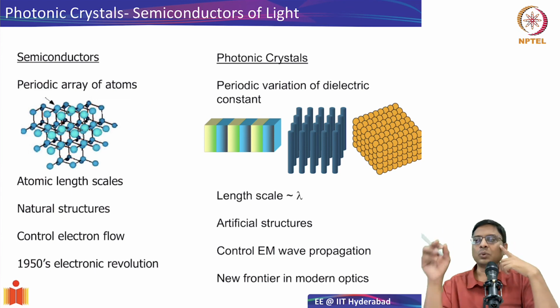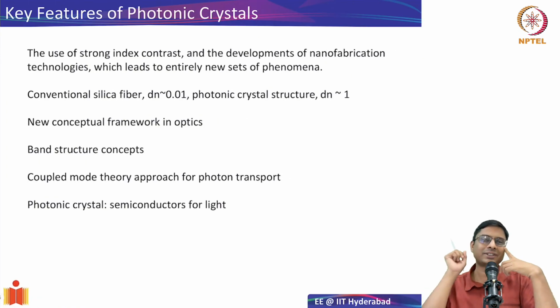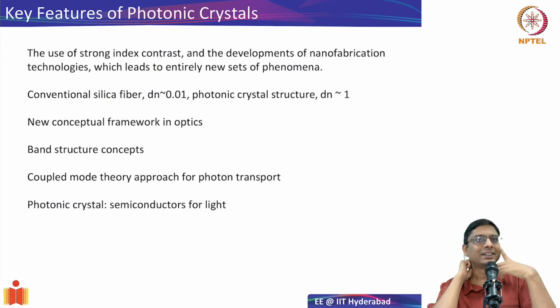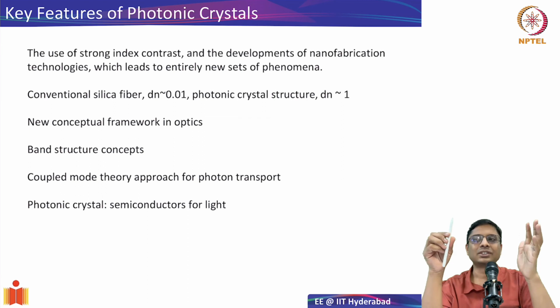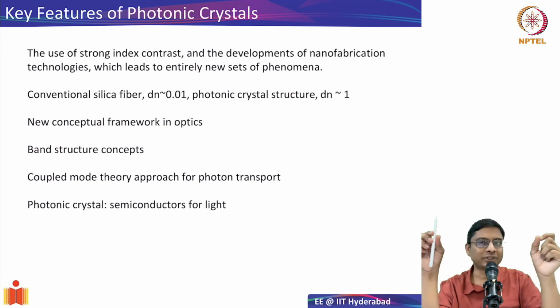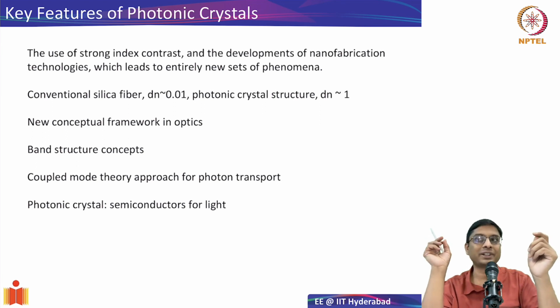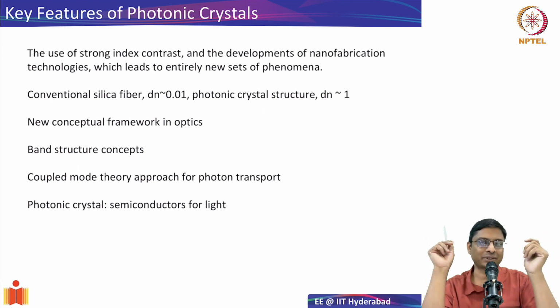One of the challenges in this area is that they are very, very sensitive to fabrication tolerances. We showed these structures. The moment there is even a slight amount of disorder, that really creates havoc in the optical effects that can be observed. So that has been one of the difficult aspects of photonic crystal fibers.